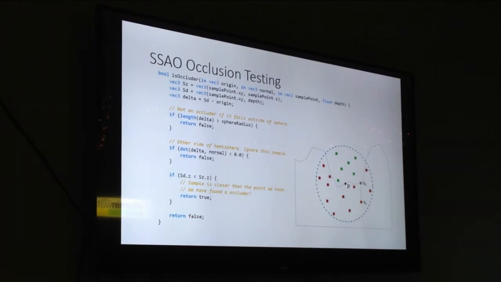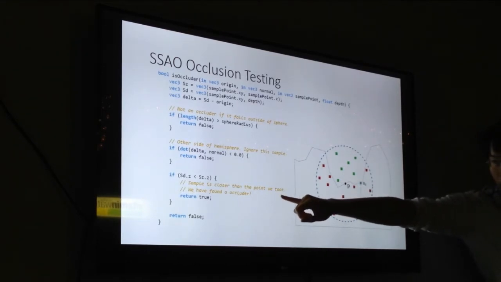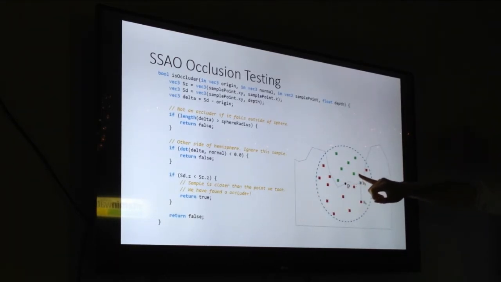What we want to test here is if my geometry looks like that, and the sample is here, or the sample is here. Basically, we're at this point and we want to classify whether it's a green dot or a red dot, whether we found some open space or we found an occluder.